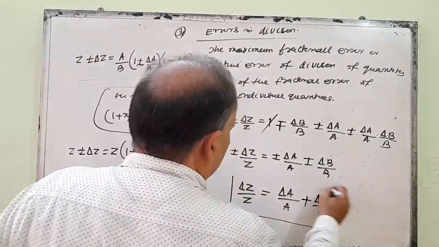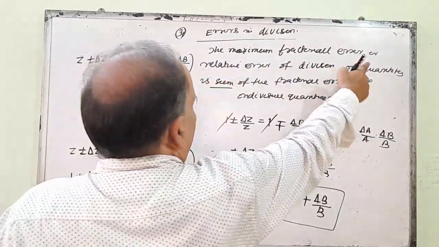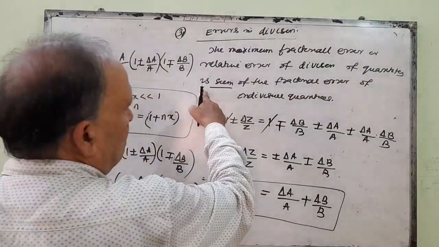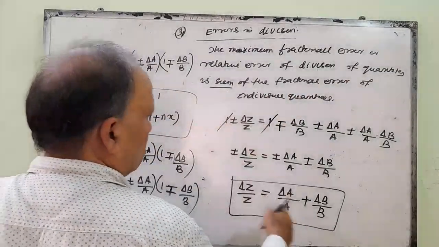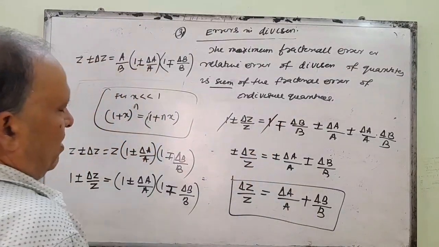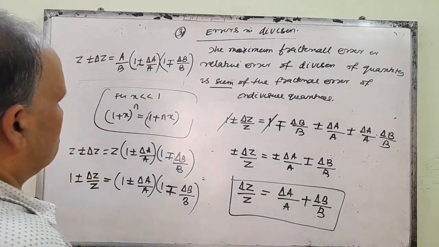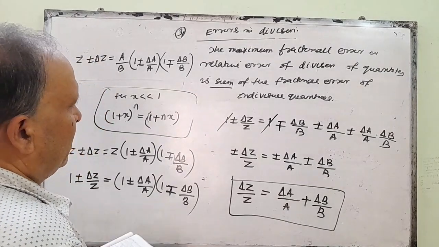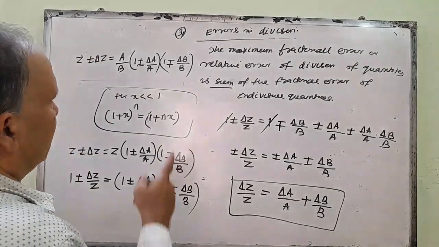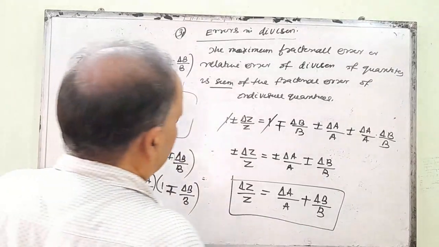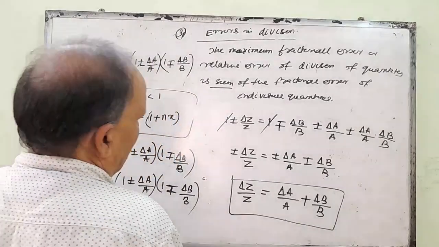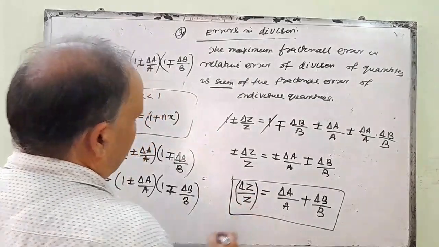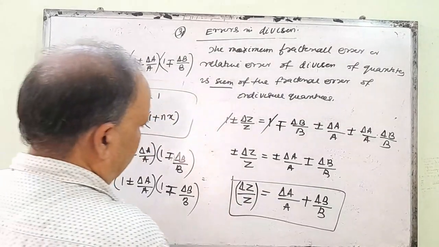So we can write the maximum fractional error or relative error of a division of quantities is the sum of the fractional errors of the individual quantities. So in case of addition and subtraction, the error terms are added, but in case of multiplication and division, it is the sum of the fractional or total fractional error of a product or a division.